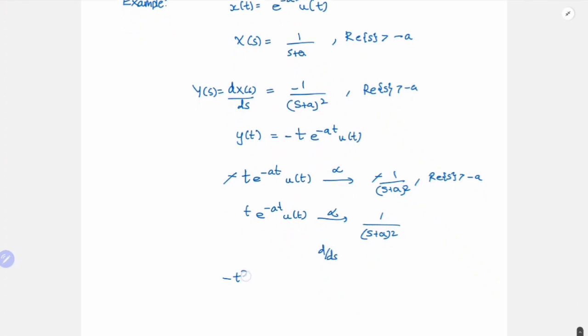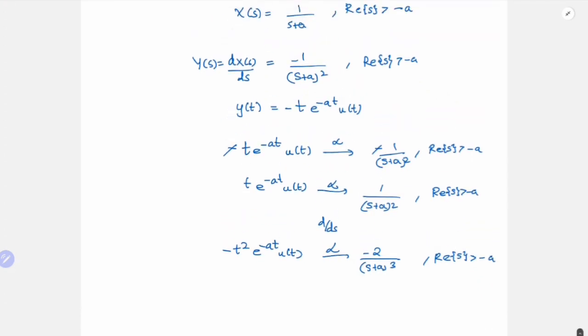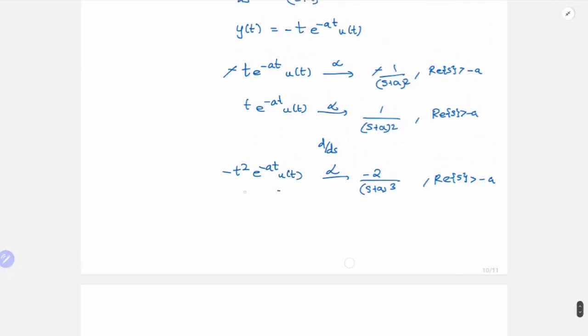Here you will get minus t square e^(-at) u(t), and on the right hand side, you will get minus 2/(s+a) whole cube, and your region of convergence is still the same. So you can again cancel the minus and bring this 2 to this side, giving 1/(s+a) whole cube.